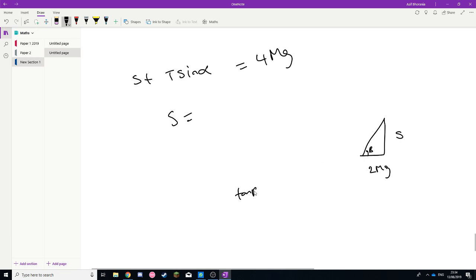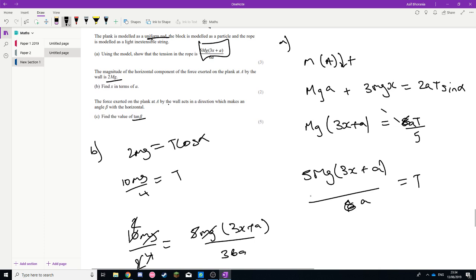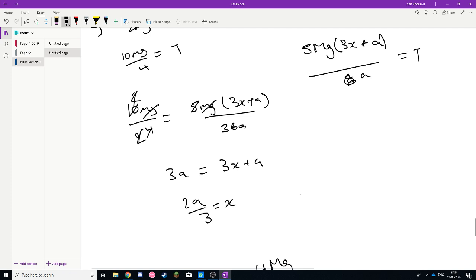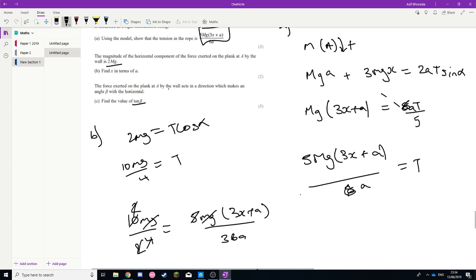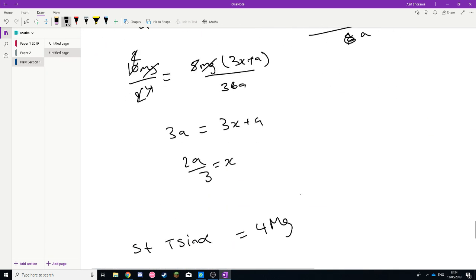Tan of beta is just going to be S over 2mg. So mg should cancel out. Oh, but what about the a? Oh, wait, there is no a. What am I on about? Oh man, maybe I'm missing something.